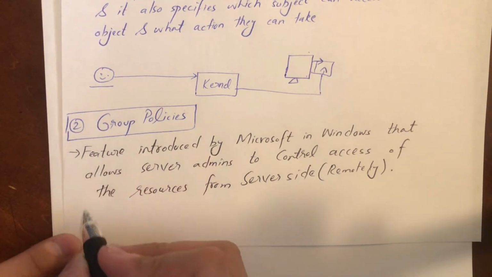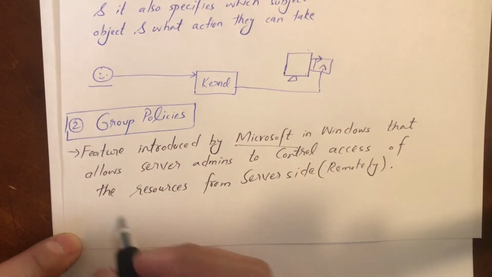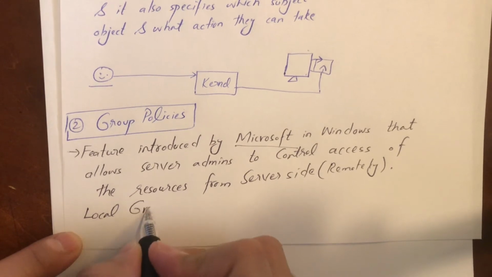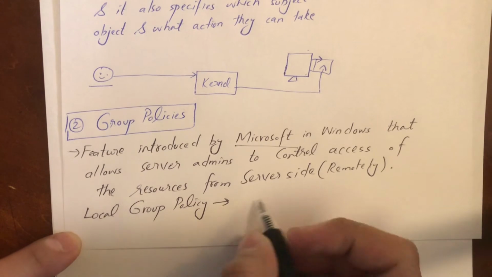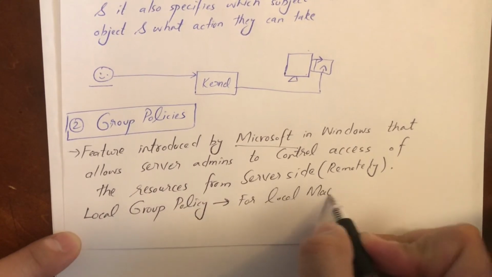There is another feature of group policy introduced by Microsoft for local computers. This is known as local group policy. Local group policy is basically for local machines, like an individual computer.